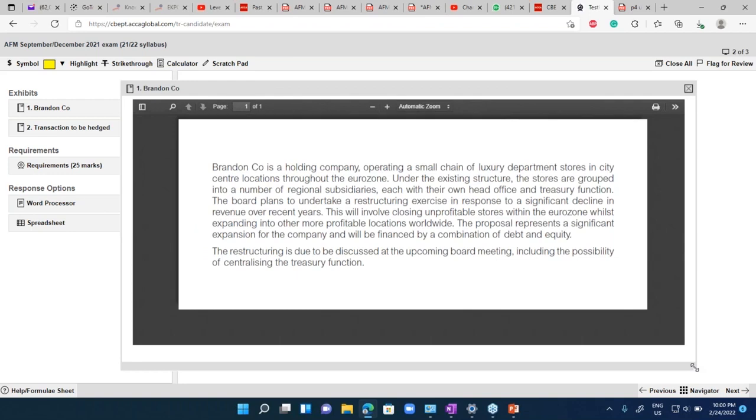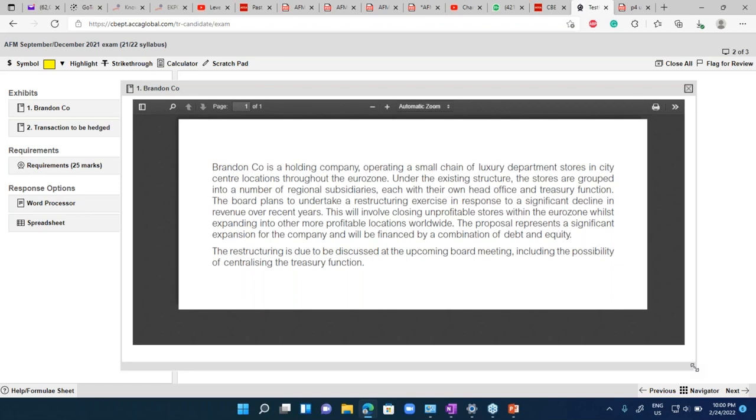That is guaranteed. Brandon Company is a holding company operating a small chain of luxury department stores in city center locations throughout the Eurozone. Under the existing structure, the stores are grouped into a number of regional subsidiaries, each with their own head office and treasury function. So that means you were following decentralization previously.